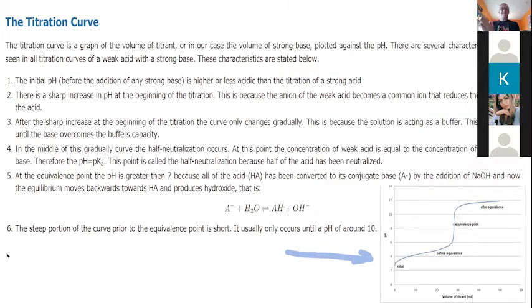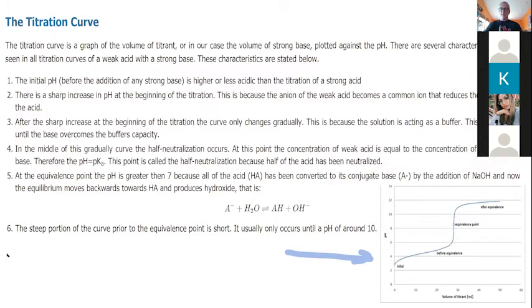Now, the titrant is what we're adding. And what we're examining is going to be the vinegar or the dilute acetic acid. The titrant is going to be the strong base. As we add strong base, the pH is going to change. And this gives you an idea of how the pH changes the more base you add.